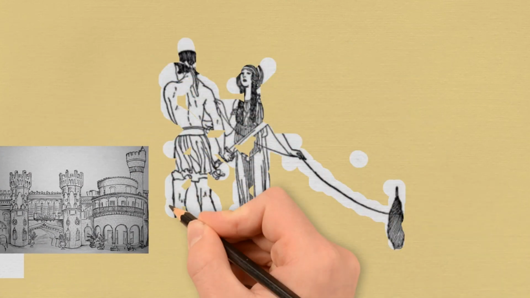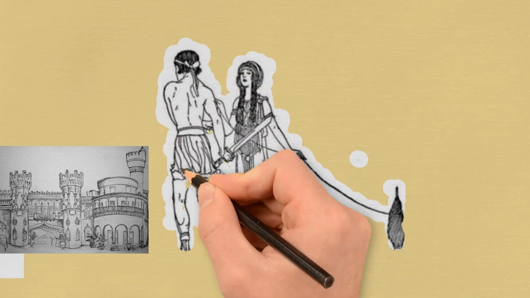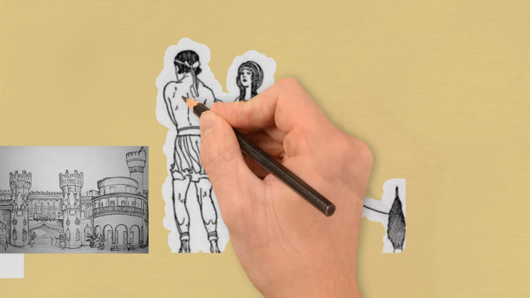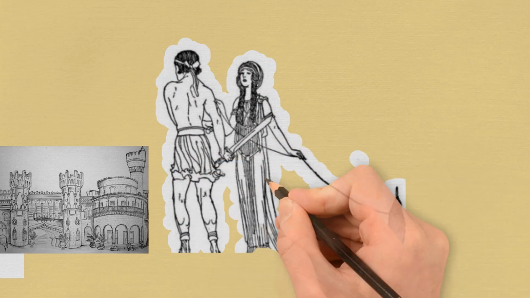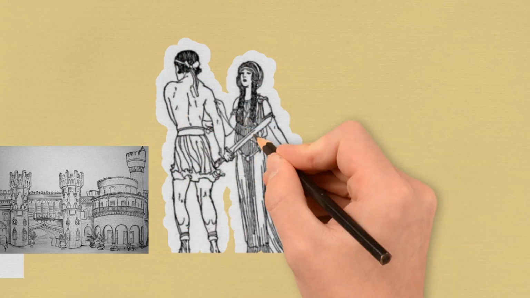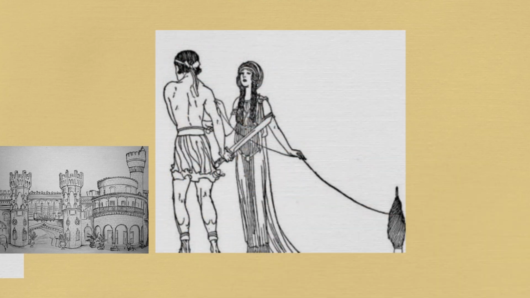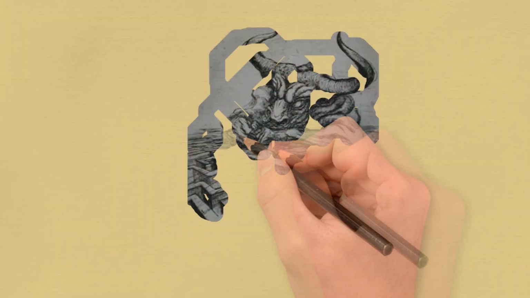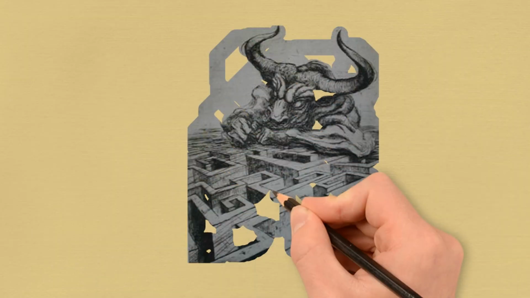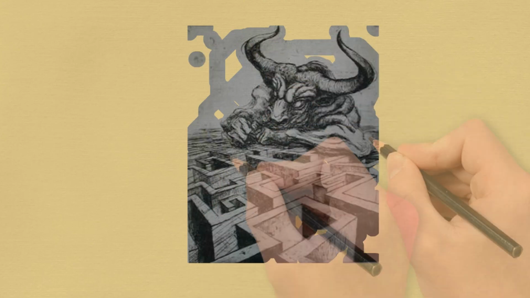Later that night, Ariadne helped Theseus. She said, "You're going to kill the beast, you need to get this ball of thread to get out of the labyrinth." And then Theseus went inside the labyrinth holding the ball of thread and found the bull, the Minotaur, sleeping.